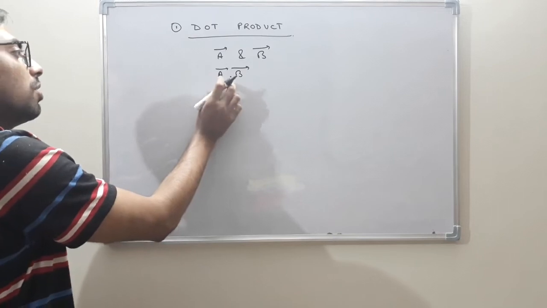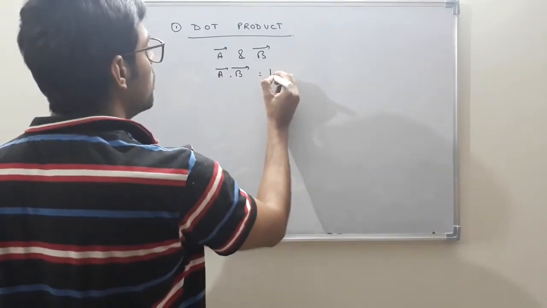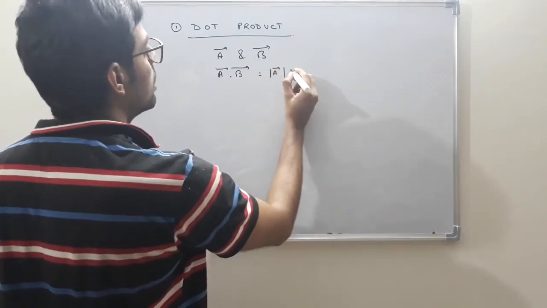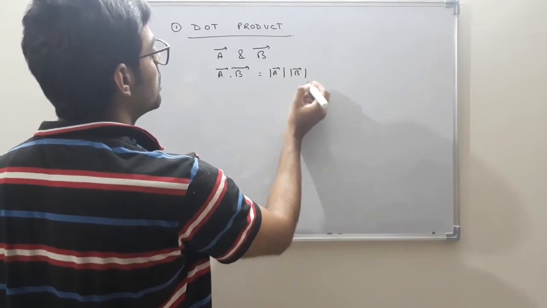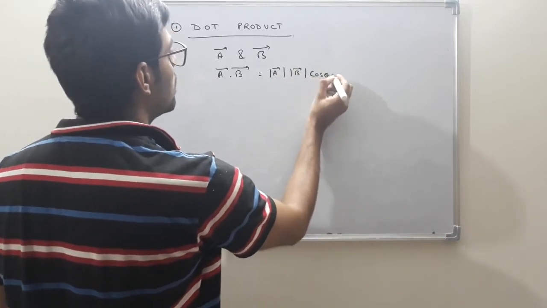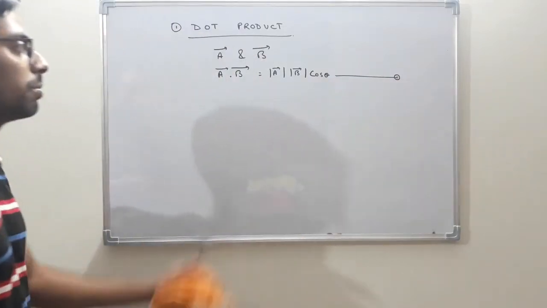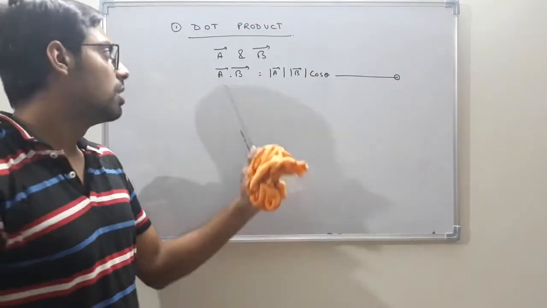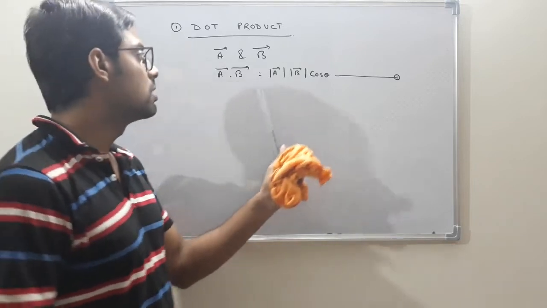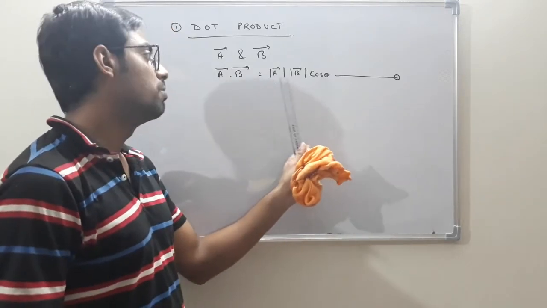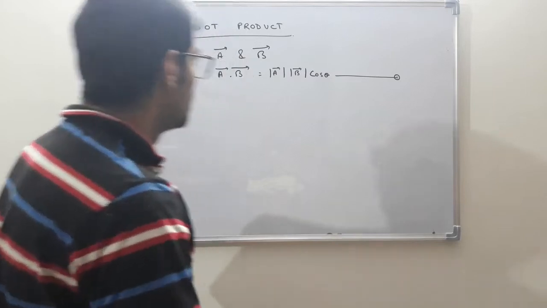Then A dot B becomes magnitude of A, magnitude of B, cos theta. This is the definition of the dot product of two vectors A and B.